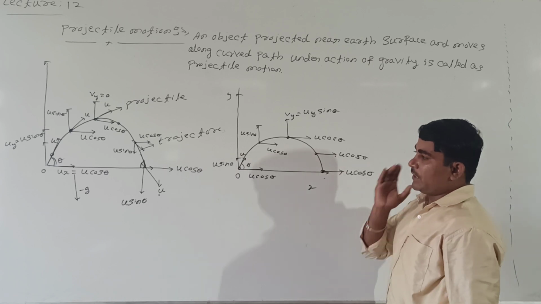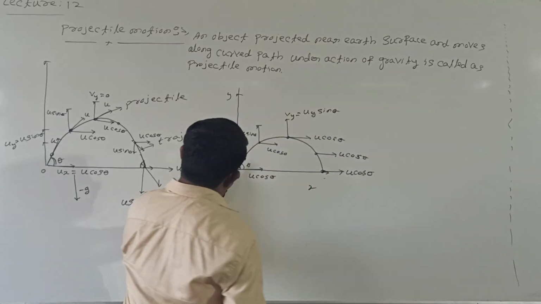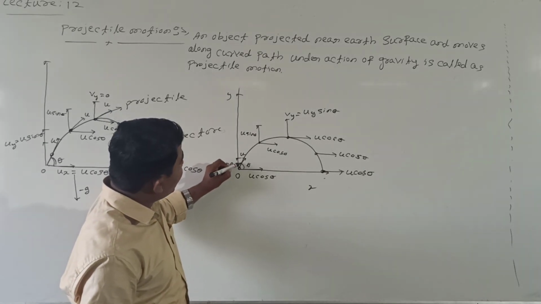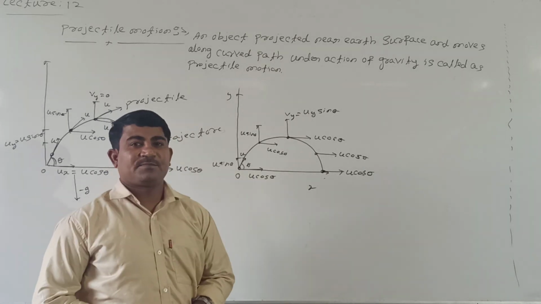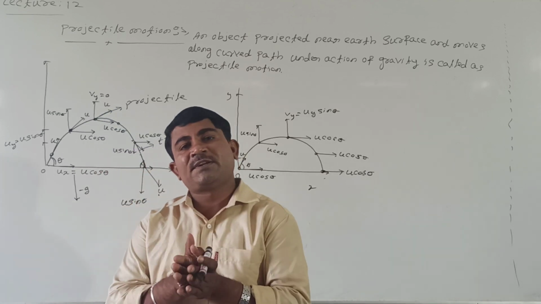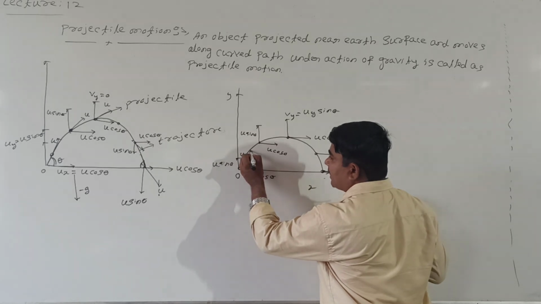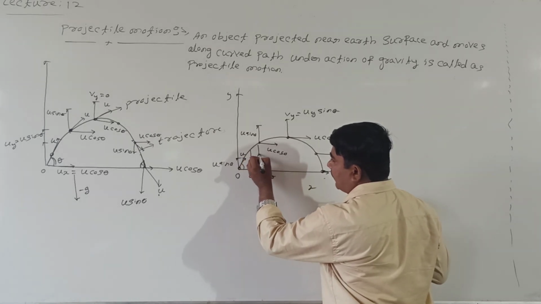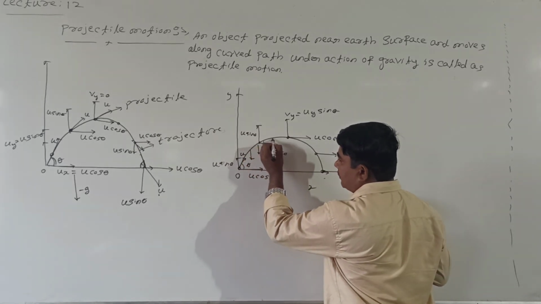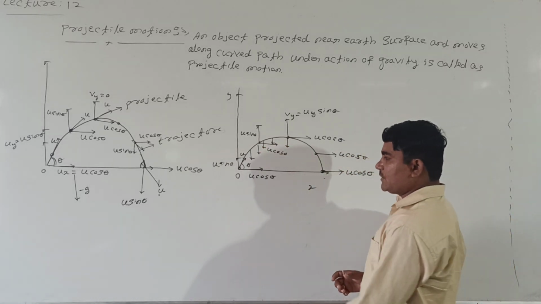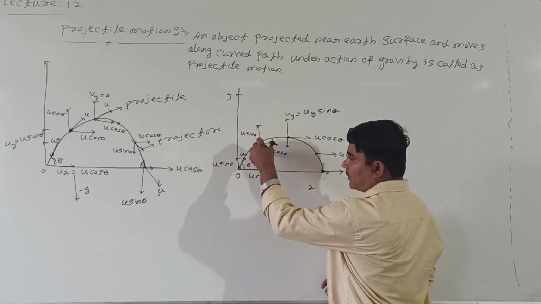Students, when an object is projected from the initial point, initially the component u sin theta gradually decreases, because acceleration due to gravity at every point is acting in the downward direction.